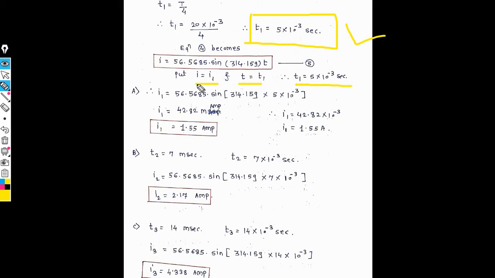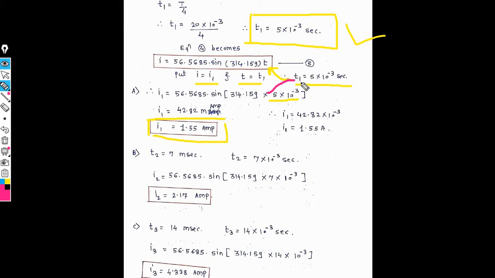Then the obtained current I1 is 15 ampere.